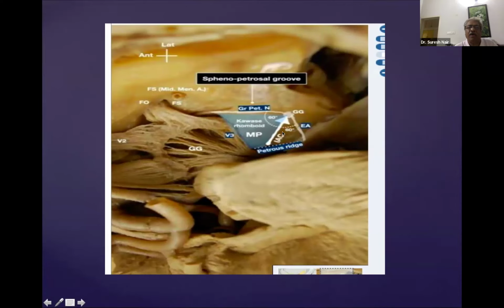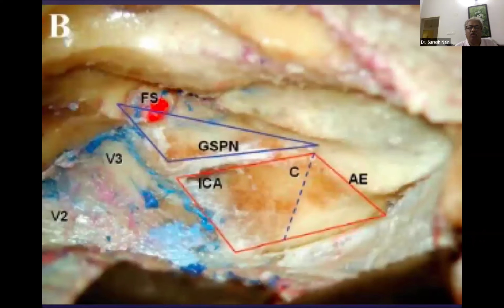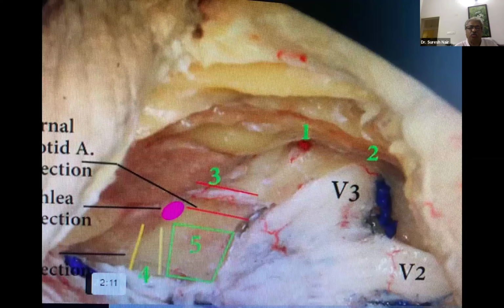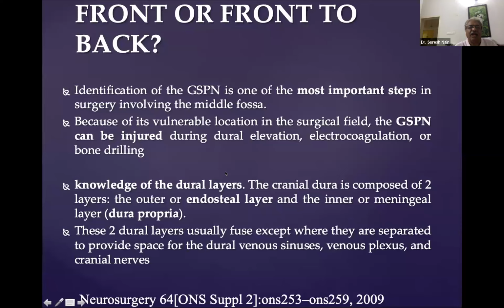He told how to unroof foramen ovale to mobilize V3, and also he told the close relationship, and this is what we exposed. And there are some steps how to do that. I don't think I will go through all these steps which have been described by Suri. Also Suri stressed GSPN should be dissected from front to back, because in the front it is more in the sphenopetrosal groove, while posteriorly it will be more exposed.